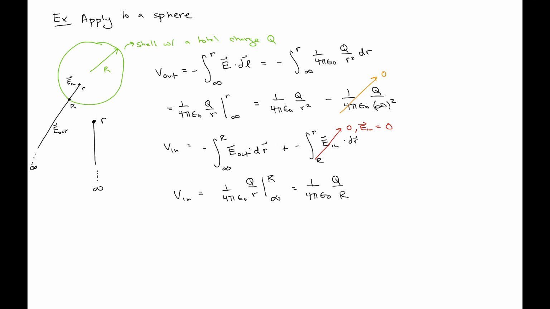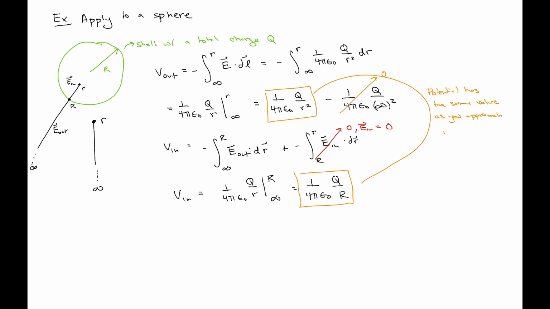This is the first part. It's continuous here because if I compare this term to this term, the potential has the same value as you approach r equals R from either side.